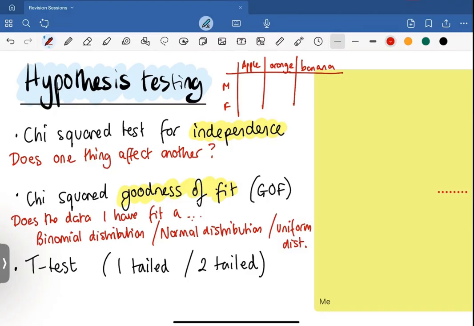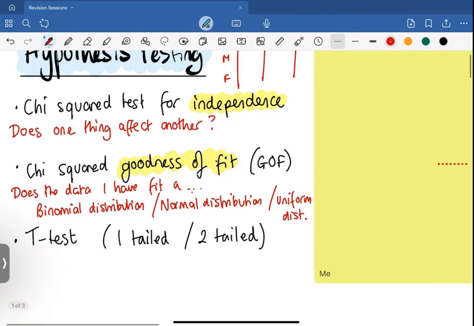Then the final hypothesis test that we have is the t-test, and we have one-tailed or two-tailed. And this tests whether two different sets of data, and it looks at the means and compares them.